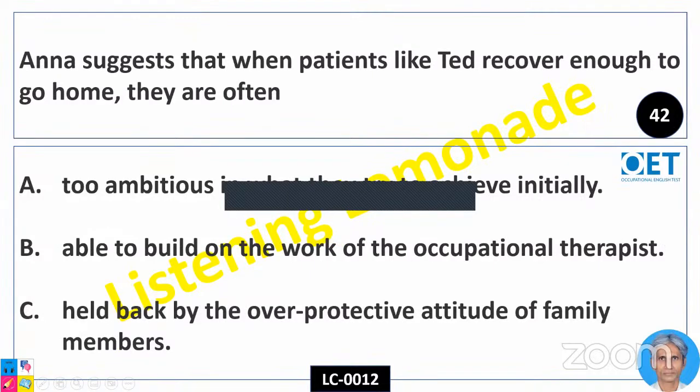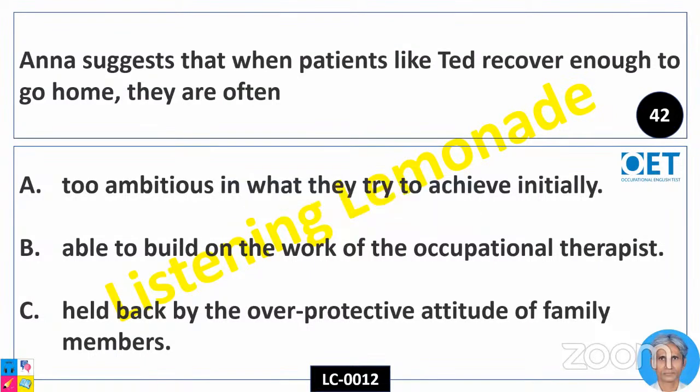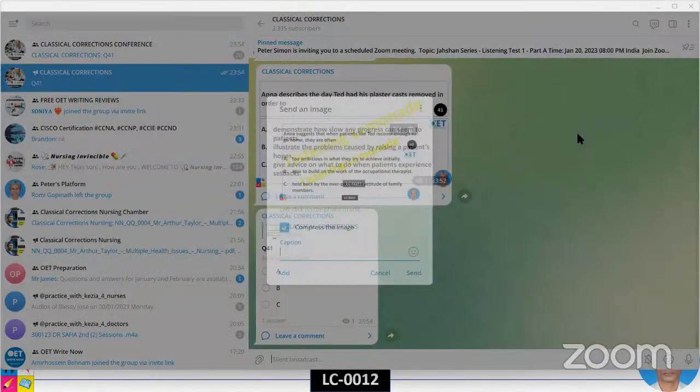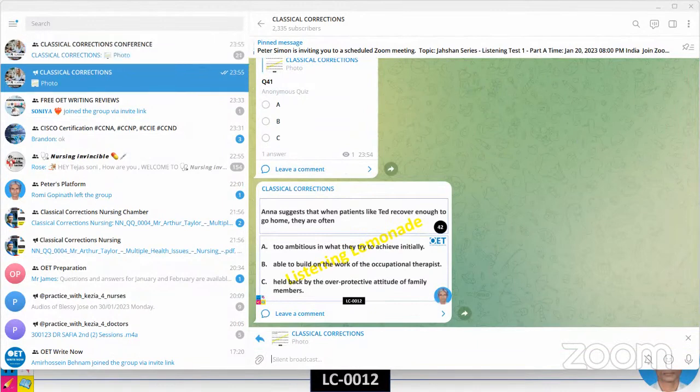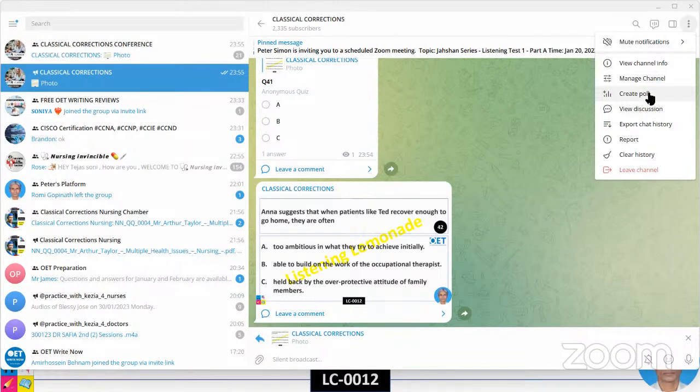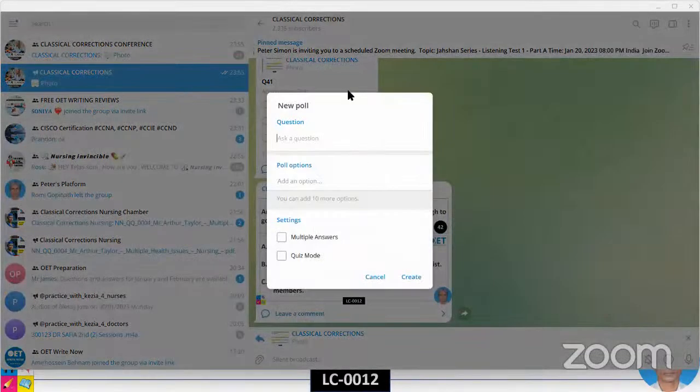Anna suggests too ambitious, able to build, held back. Yeah. Print screen. Question number 12. Last question. Question 42.